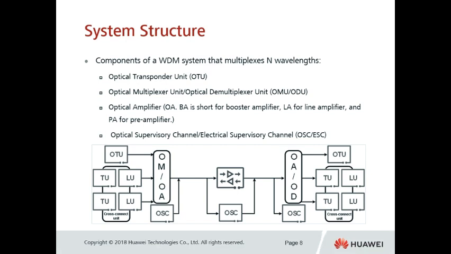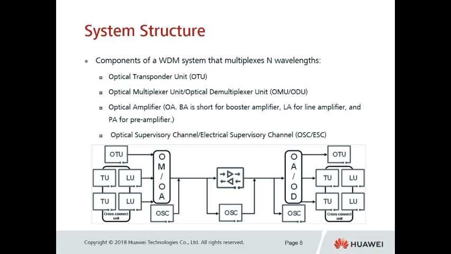If at this time the ALU is broken, we can delete the old connection between TU and ALU and create another connection between the TU and another ALU. And this connection is software. It can be modified by the engineer. You can create it, modify it, delete it. So your service can be protected by this kind of application.